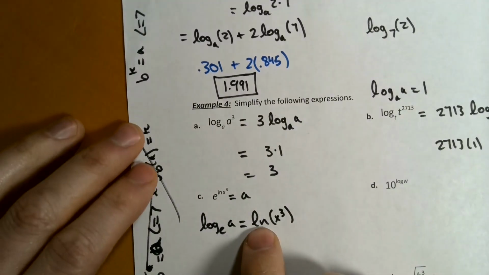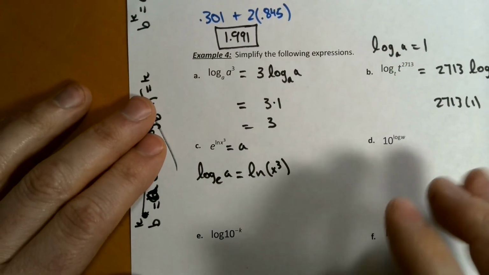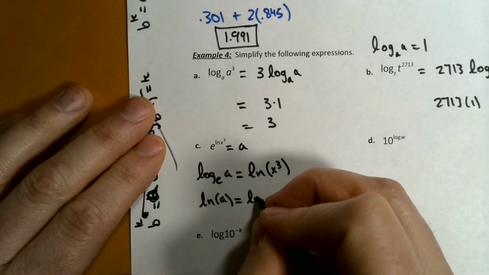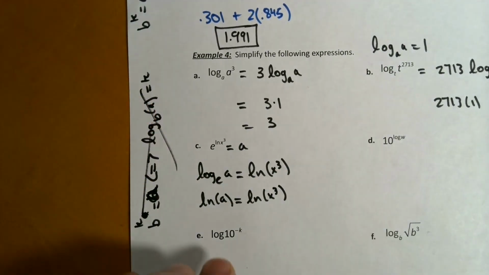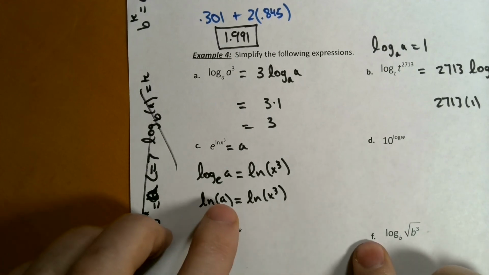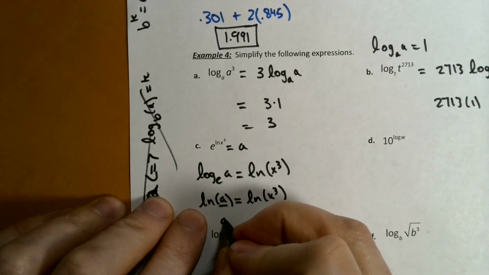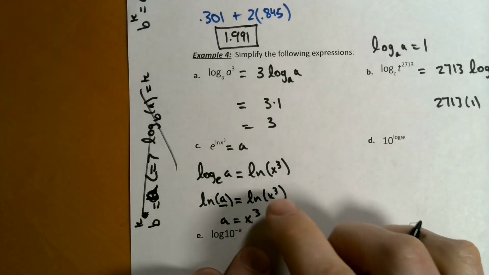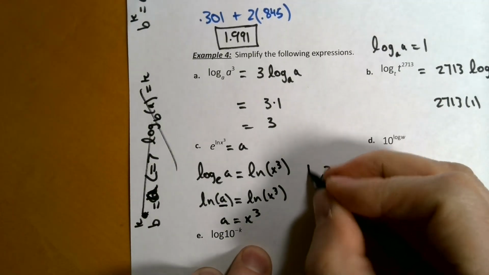Remember, log base e, we never write in this course. We actually write ln of a equals ln of x cubed. Well, in order for this to be a true statement, this a inside the logarithm has to equal the same thing as what's inside this logarithm. So the answer is just x cubed.